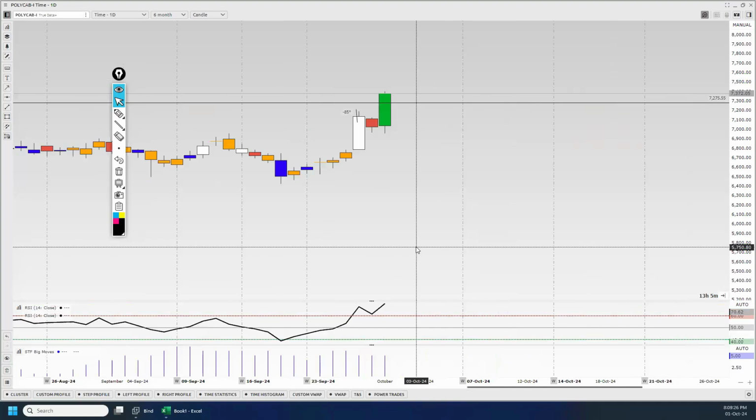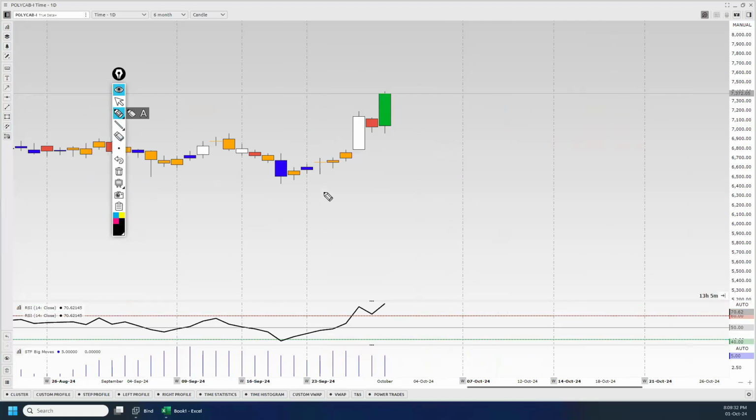For your understanding, let me explain a bit about these three colors. One is the jackpot, which is a golden color candle. Then you have a strength candle. Third is the action candle.